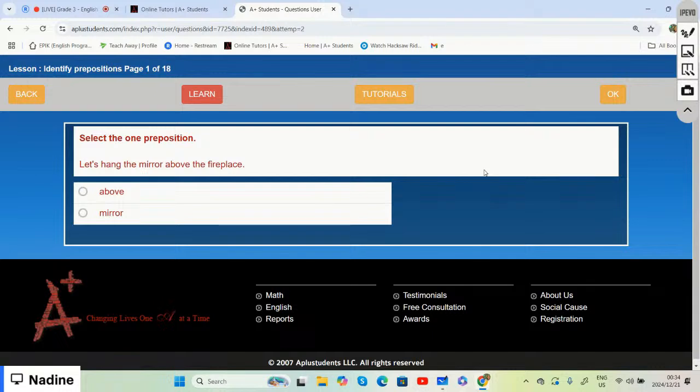It says we need to select one preposition. Let's hang the mirror above the fireplace.